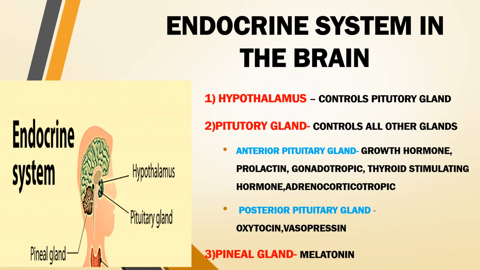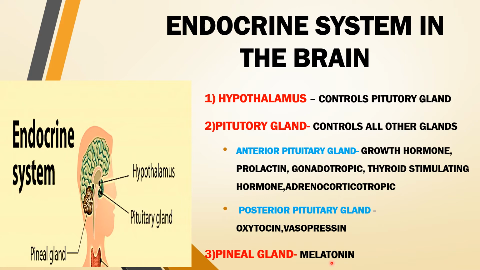Next is the pineal gland. It is a small pea-shaped gland. The pineal gland is also small and it produces and regulates some hormones including melatonin. Melatonin is best known for the role it plays in regulating sleep patterns, that is the circadian rhythm.